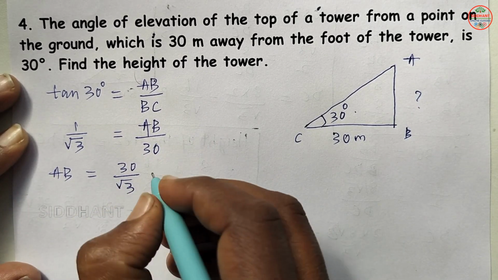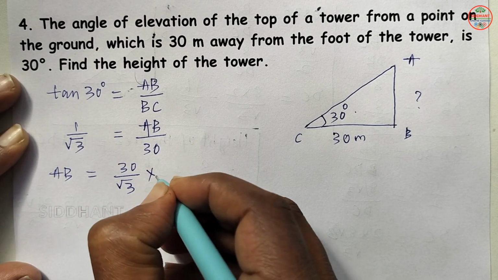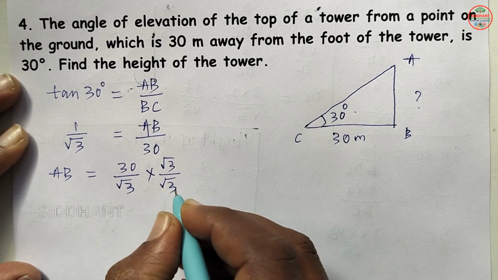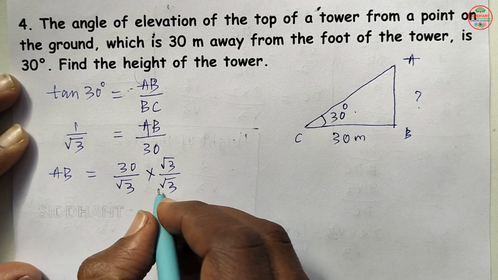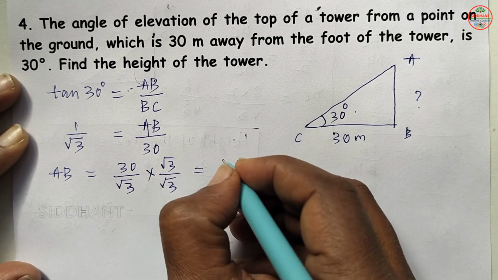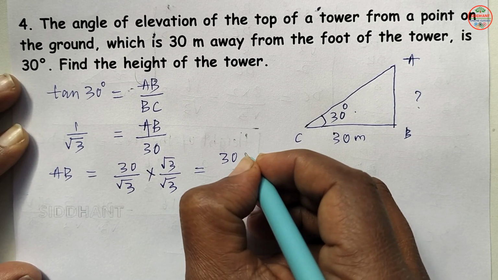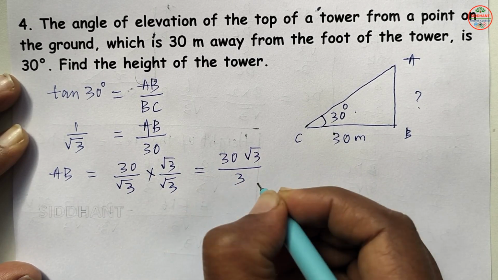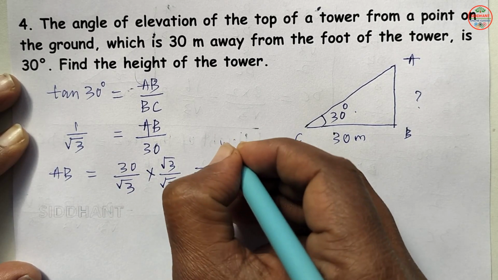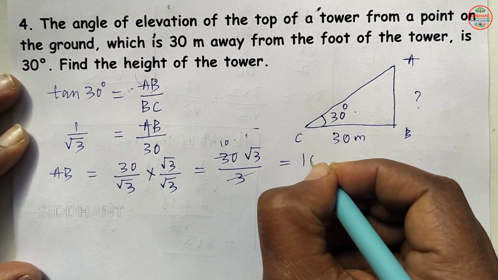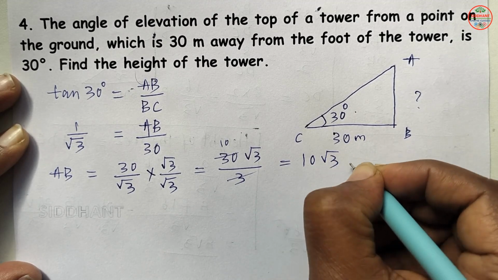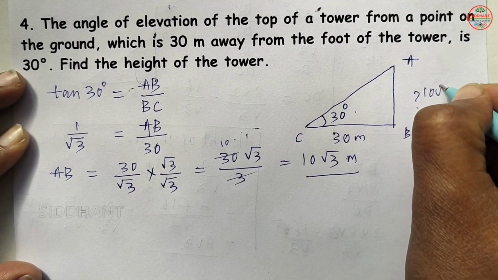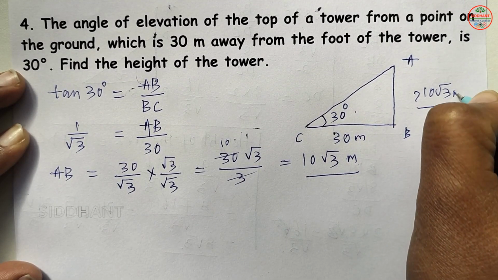Here we are going to multiply with root 3 and root 3 in order to remove the square root from the denominator. So we get 30 root 3 by root 3 into root 3, 3. So here 3, 10 times. Then we get 10 root 3 meters. So the height AB is 10 root 3 meters.